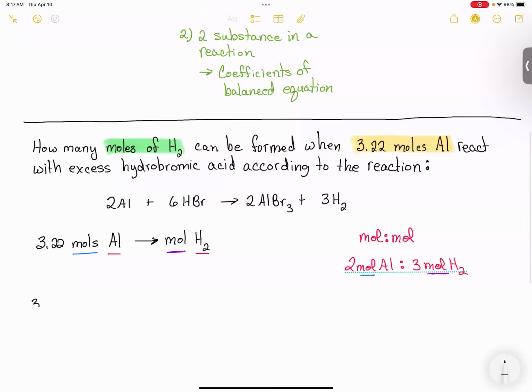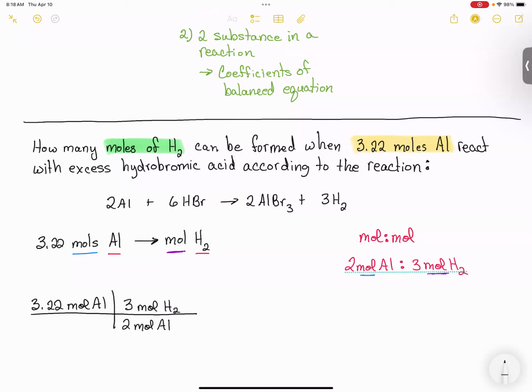So I'm going to start with the information I was given. And I am going to use the conversion factor I need. Now, of that mole-to-mole ratio, the 2 moles of aluminum must go in the denominator with the 3 moles of hydrogen in the numerator.